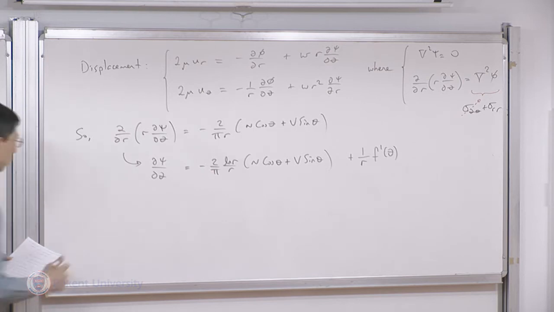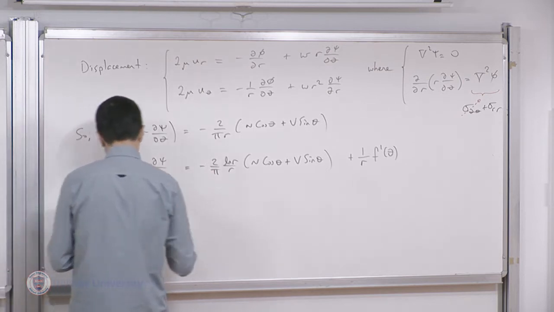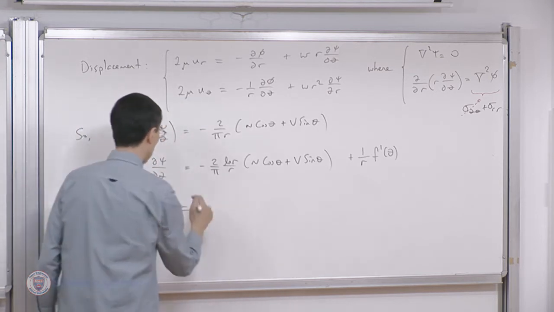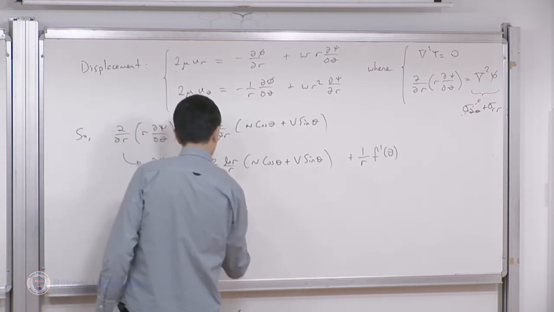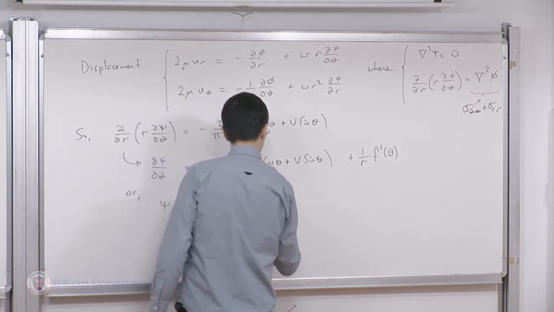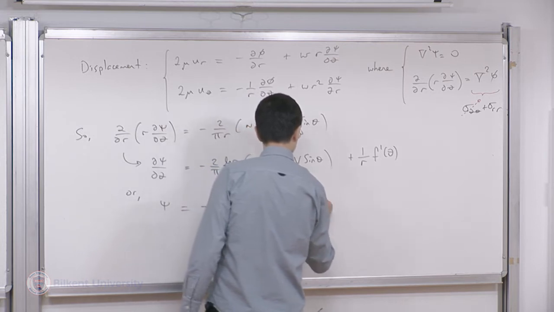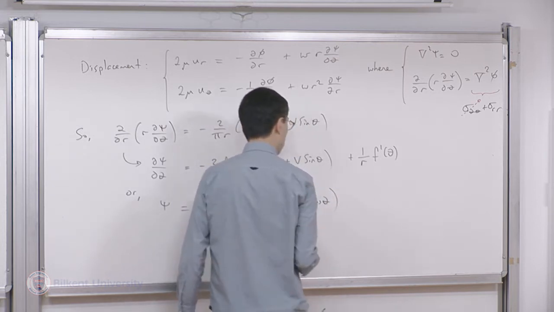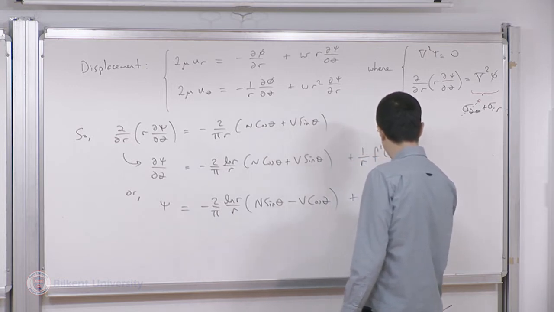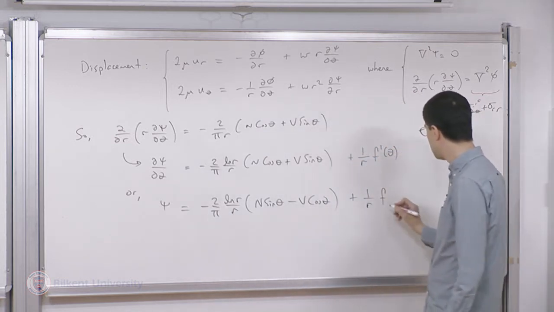So then we integrate once more, and we find out the general form for c. So minus 2 over pi ln r over r, sine theta minus v cosine theta, plus 1 over r f of theta.